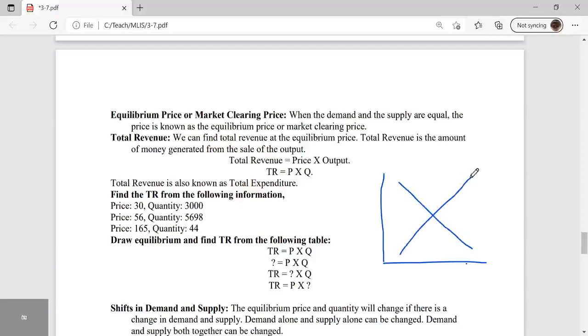In real life it doesn't work separately, it's always working together, because that's the market, also known as market forces. This is the place where demand and supply are equal. They're intersecting with each other in this place. That's the equilibrium. From there we get an equilibrium price, and from this intersection we get an equilibrium quantity.